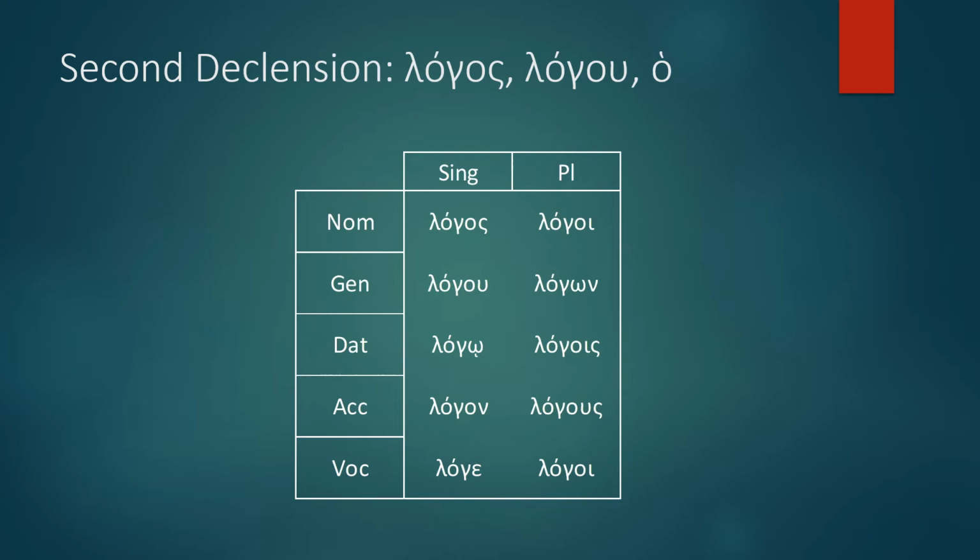Really, the only thing of note here is that the vocative is different than the nominative in the singular. And I guess what's nice about a word like this is because the penult is short, you don't actually have to figure out whether you want your word to be a paroxytone or a properispomenon, because this word can't be a properispomenon because the penult is short, and so it can only take an acute.